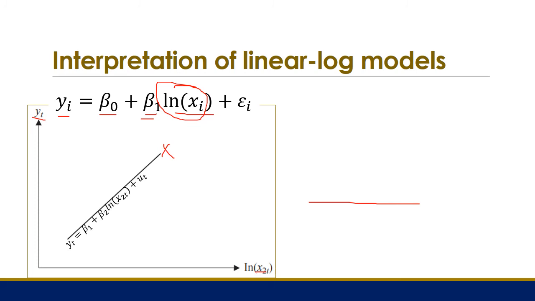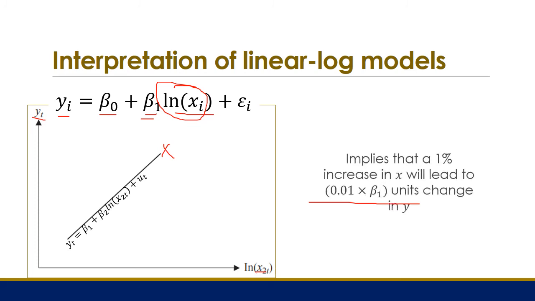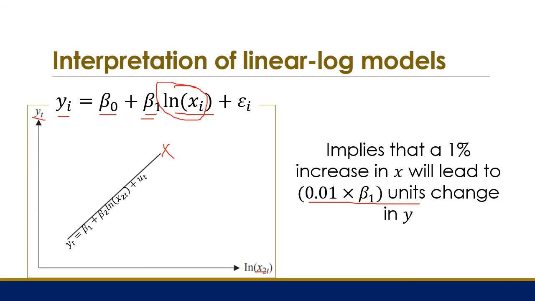How do we interpret the coefficient? A 1% increase in x will lead to 0.01 times beta 1 units change in y. Notice that in this case the change in y is in units because y is not in logarithm form.